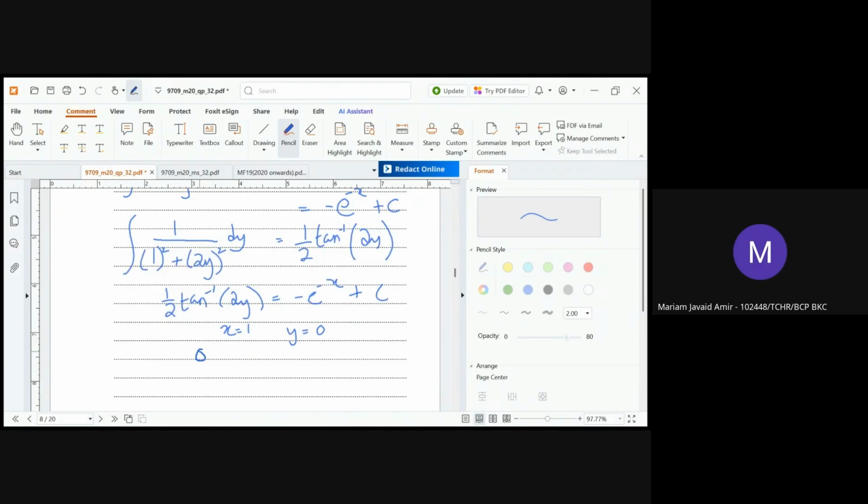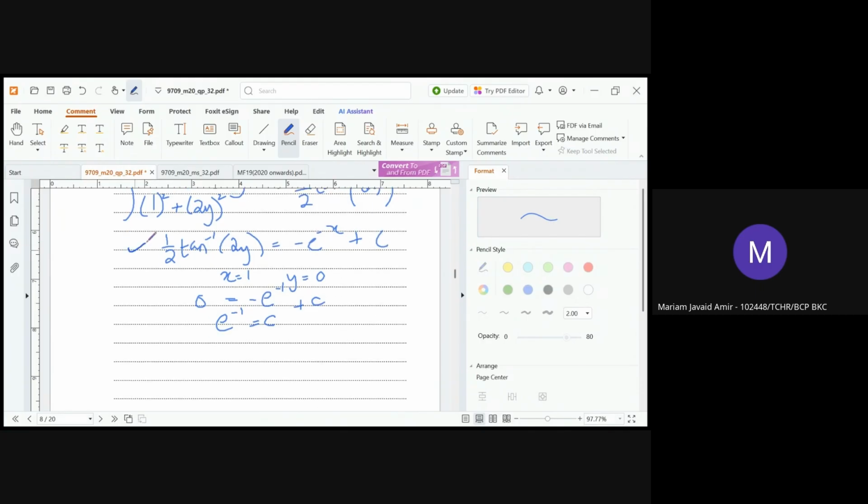So we have 0 here equals negative e to the power... No, I'm sorry, x is 1. So we get minus e power minus 1 plus c, which means c is equal to e power negative 1, or 1 over e. So we rewrite this as half tan inverse 2y equals minus e power minus x plus e power negative 1.